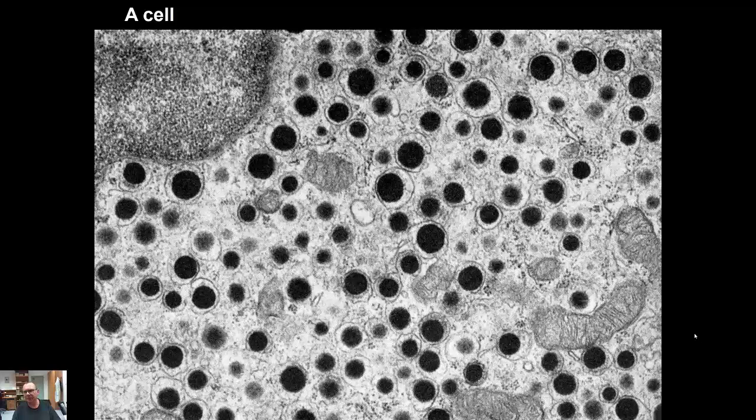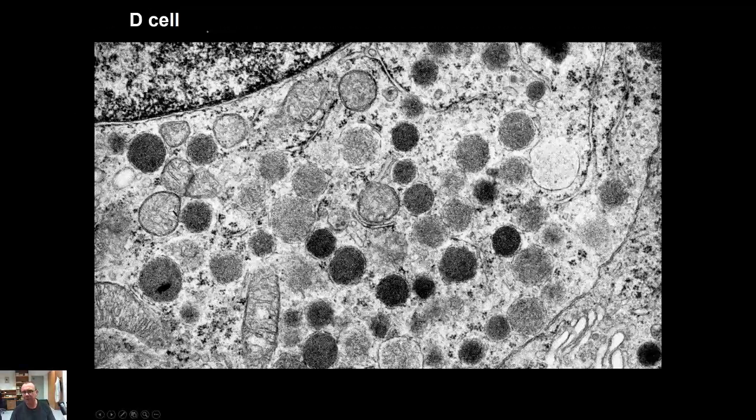Here, dense core granules, and usually you can see an eccentric position of the core, like here for example, or here, and the remaining material of the granule is not white, it is moderately dense. So this is a typical picture of an A cell with glucagon. Or the last picture of this series, granules which are only black. Their level of electron density is a little variable.